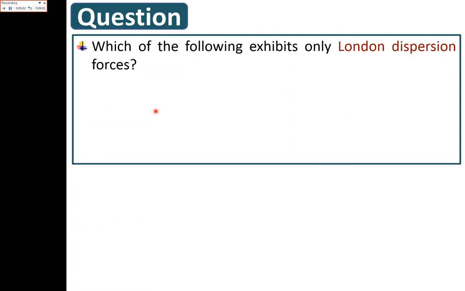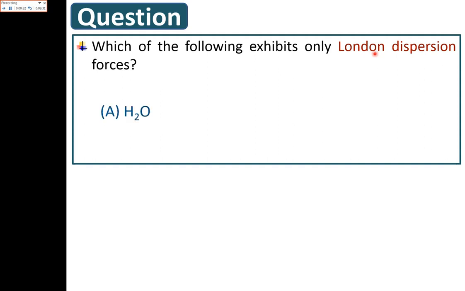Which of the following exhibits only London dispersion forces? As we mentioned in the course, some molecules may have several types of forces inside. They may have hydrogen bonding, they may have dipole-dipole attractions, they may have London dispersion forces as well, but certain molecules which are non-polar only have the London dispersion forces.